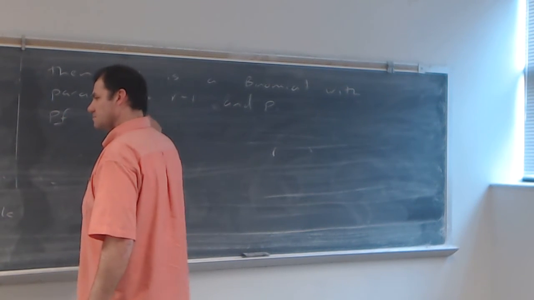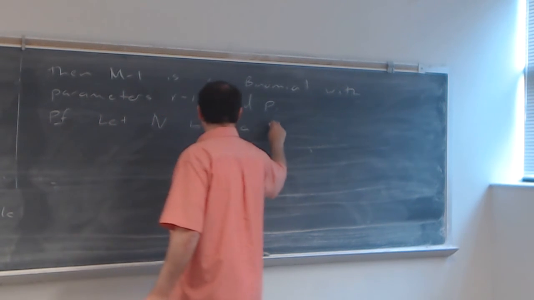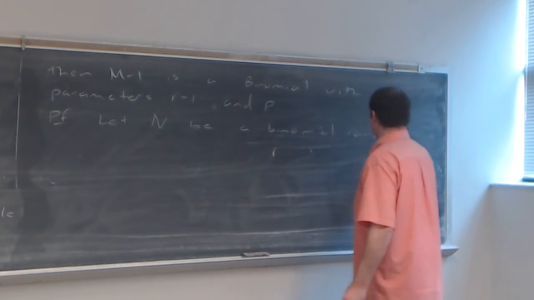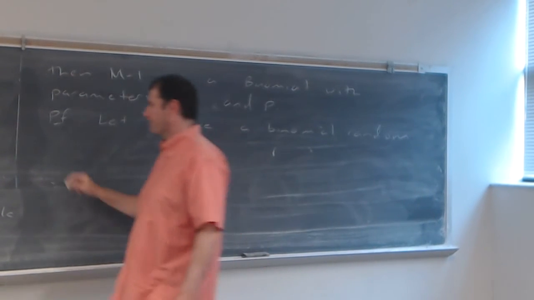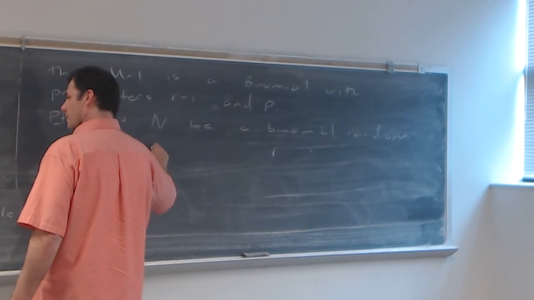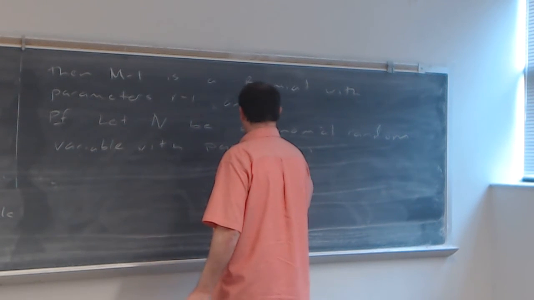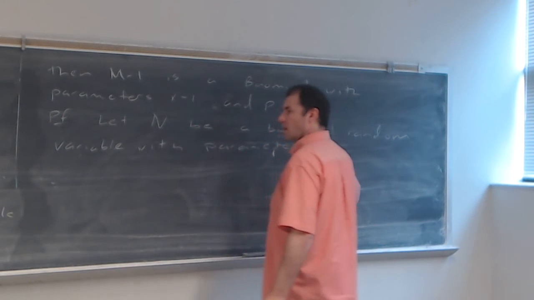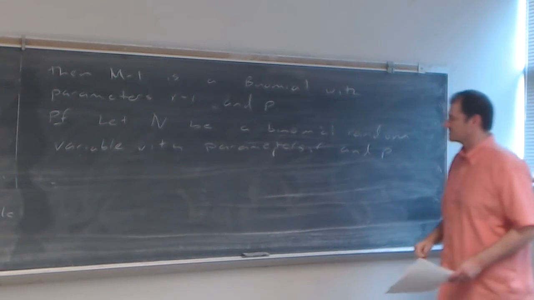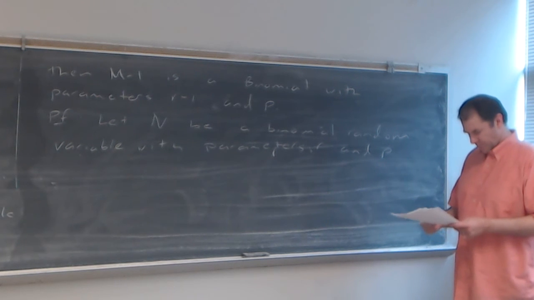Let N be a binomial random variable with parameters R and P. So P is the chance of success. R is the number of times we'll do the trial.